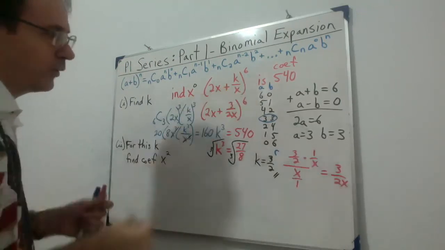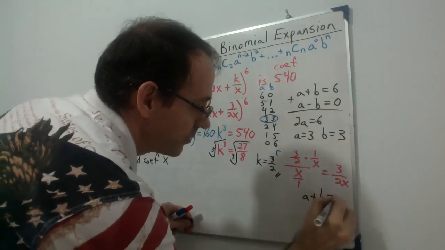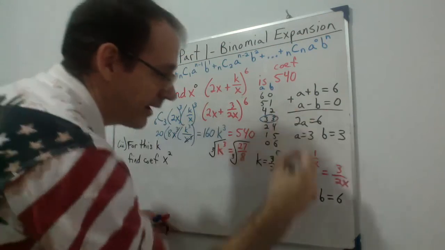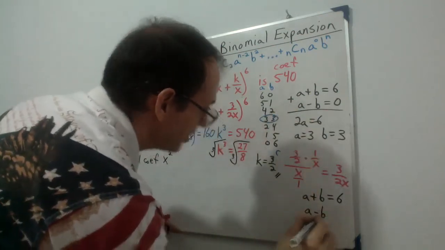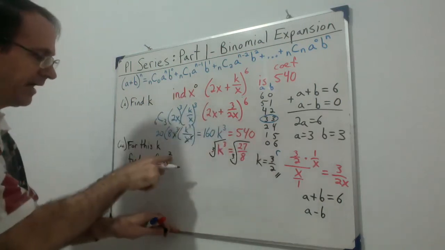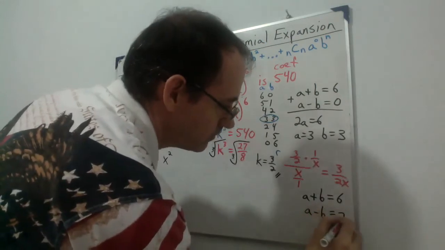And again, we want to do our algebra. So a plus b equals 6, because that's our n. And we still have our a minus b, because we still have an x to the 1 and x to the negative 1. But this time, instead of equaling 0, we want it to equal 2.